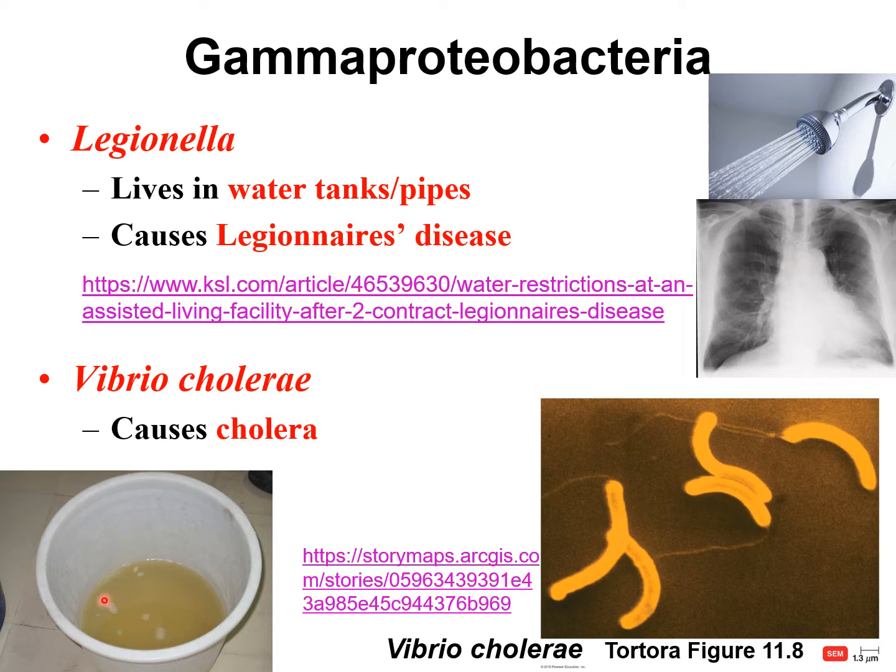It looks like little pieces of rice, so they call it rice water stool. And the diarrhea is so bad they call you faucet butt because it's just basically liquid running out your rear end. And so you can see how it would be really easy not to be able to drink enough and keep up with all the water that you're losing and die of dehydration.